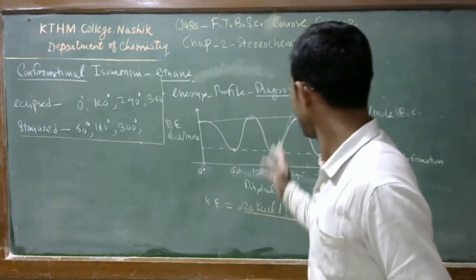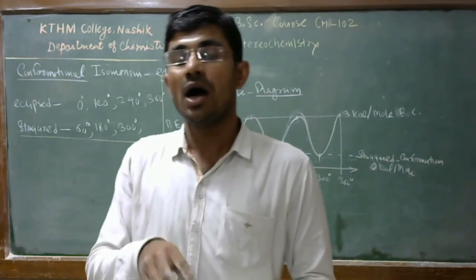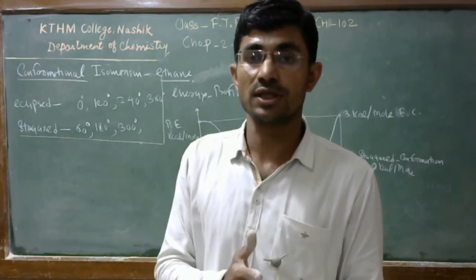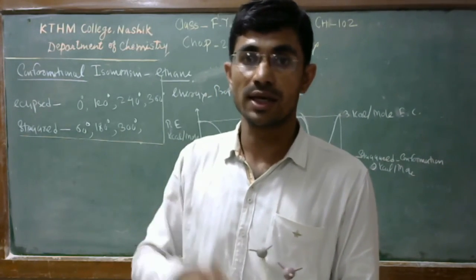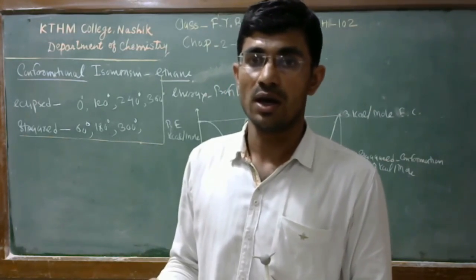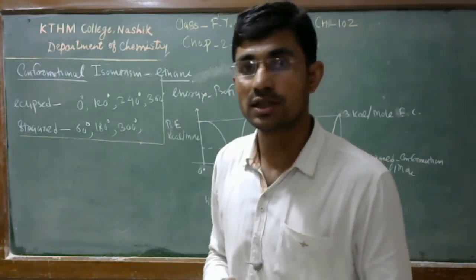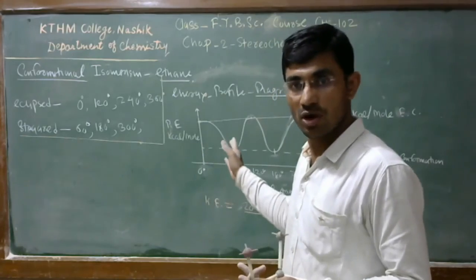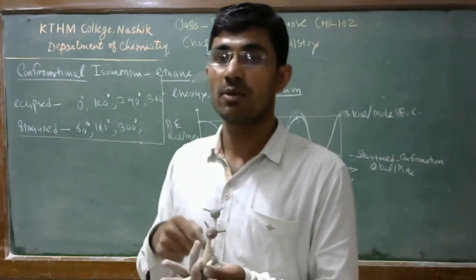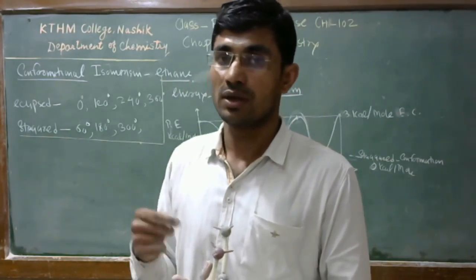The energy barrier is only 3 kilocalorie per mole, and from that we can conclude that our molecule continuously changes between two conformations, the eclipse and the staggered conformation. Because of that we get this type of graph. So in our molecule, free rotation about the carbon single bond is observed even at the ground state.